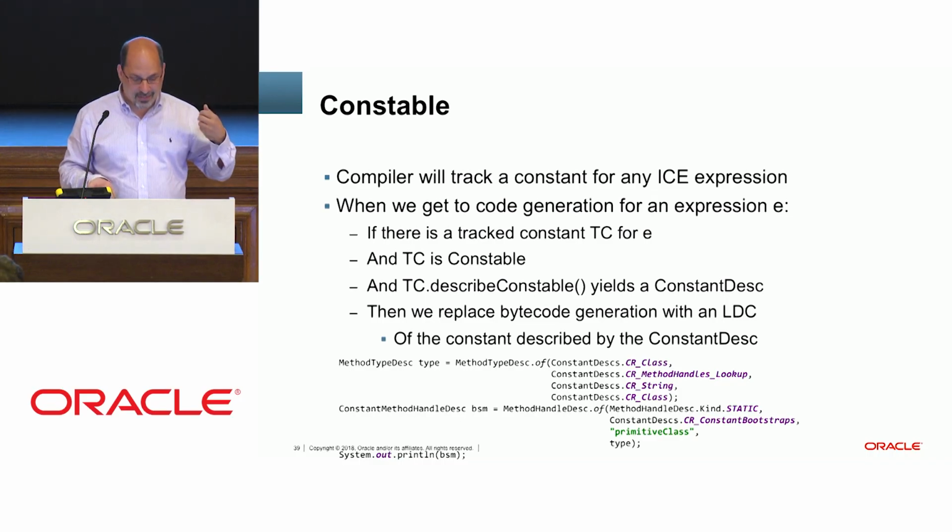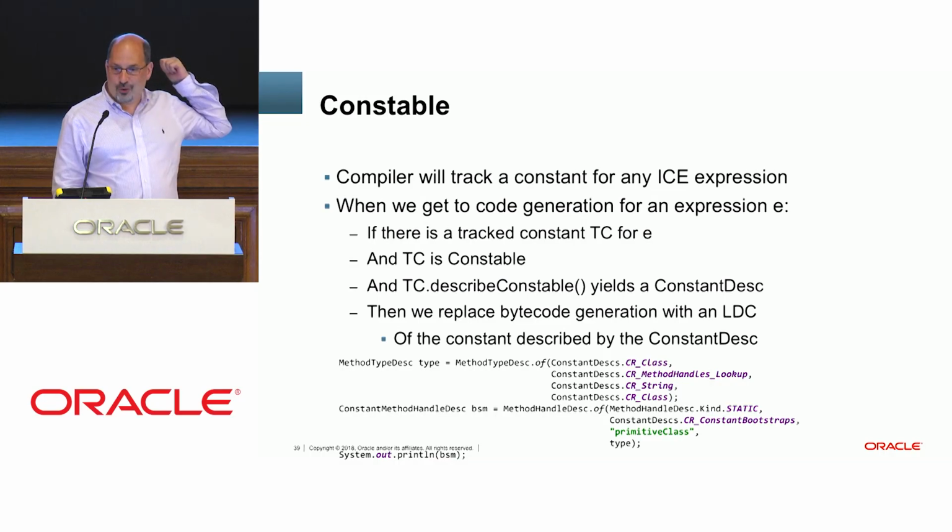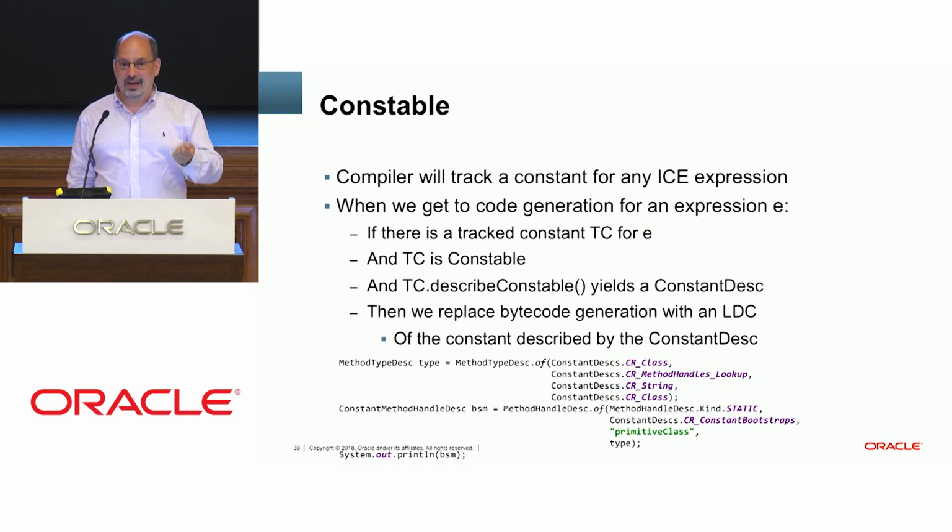And if it comes back and says, well, yes, I'm describable by this thing, then instead of generating bytecode for that whole tree, we generate an LDC for the constant that the thing described itself as. And so if the compiler is able to fold all of these calls into constants and they're not dead, it will generate just an LDC for them.